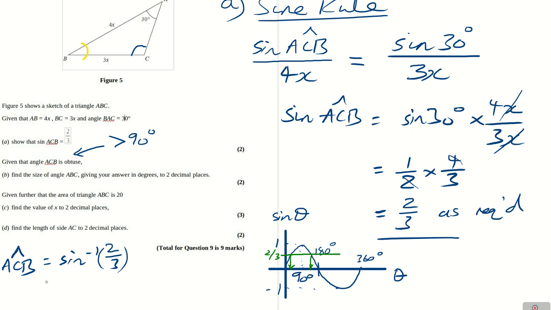On most calculators, I think they do it with a sine -1, meaning inverse sine. Also sometimes called arc sine. I'll just try and find a calculator. And what we'll do is inverse sine of 2/3.